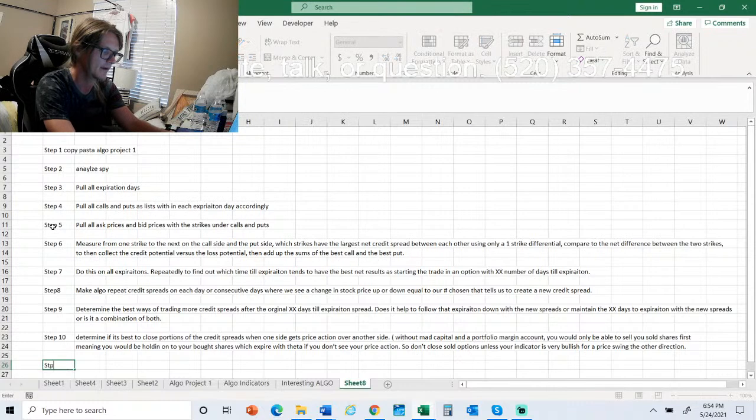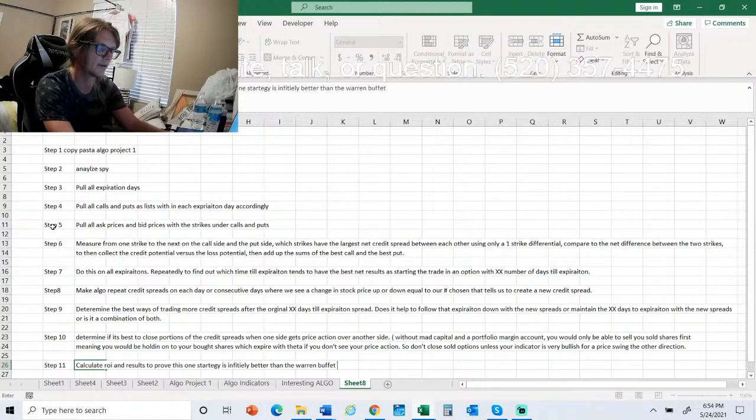Step 11. Calculate ROI and results to prove this one strategy is infinitely better than the Warren Buffett advice of buy indexes.